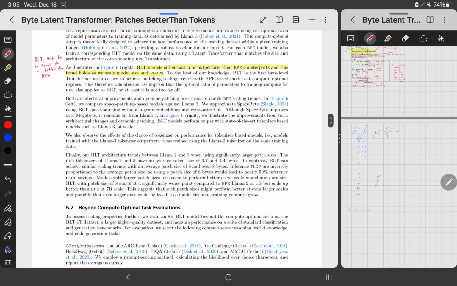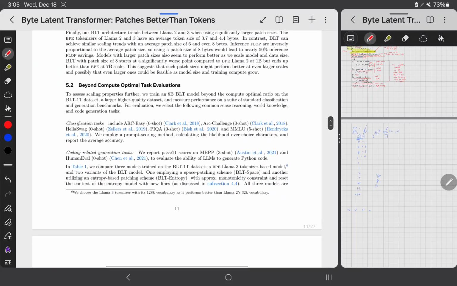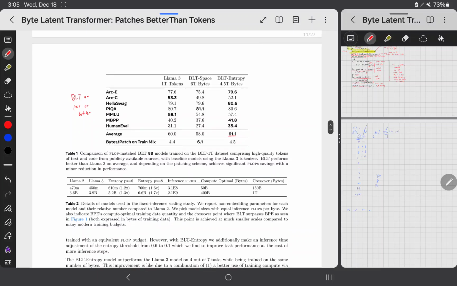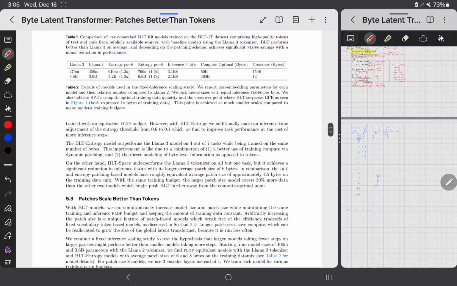Scaling trends, they say it scales. They say BLT models either match or outperform their BPE counterparts, byte pair encoding, and this trend holds as we scale the model size and flops. So they have this here, and they look at some evals, and they say BLT is about the same as Llama 3, trained on a similar size and a similar amount of data at a similar scale, so it's about the same.